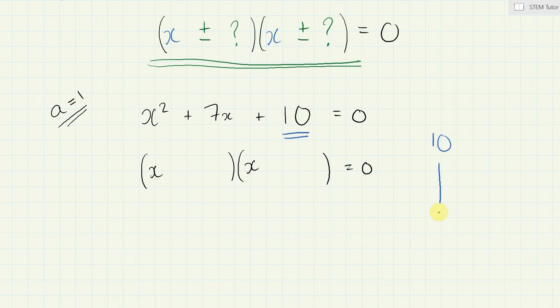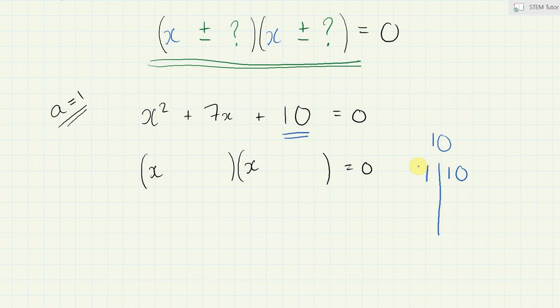With any number, the easiest set of factors are 1 and the number itself. 1 multiplied by 10 gives us 10. It's a very good one to start with, and you'll see why.